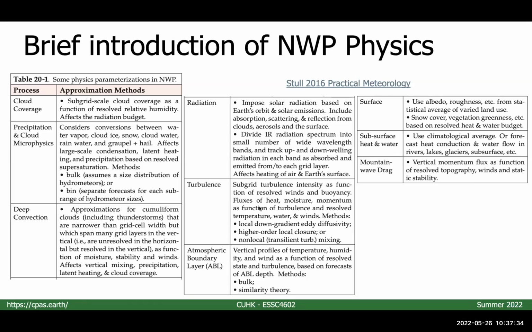Turbulence near the surface: subgrid turbulence intensity needs to be estimated. Usually it is affected by resolved winds and buoyancy. And then near the land surface, it has to handle heat fluxes, moisture fluxes, and momentum fluxes.